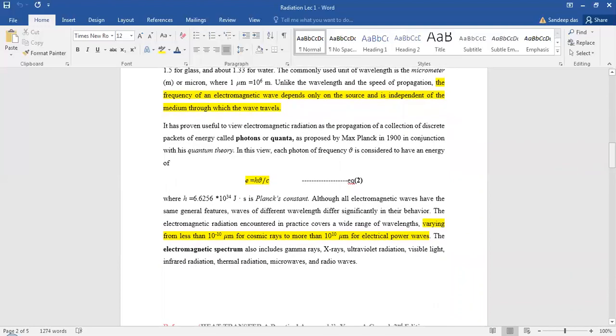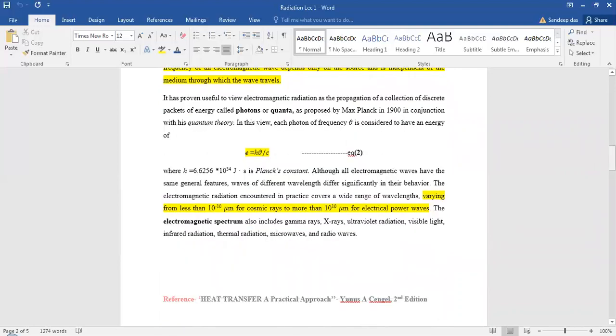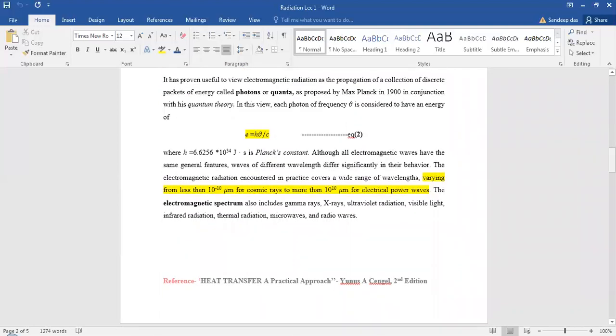In the entire electromagnetic spectrum, the frequency, or rather we should say the wavelength, can vary from very less, that is 10 to the power minus 10 micrometer, to more than 10 to the power 10 micrometer.